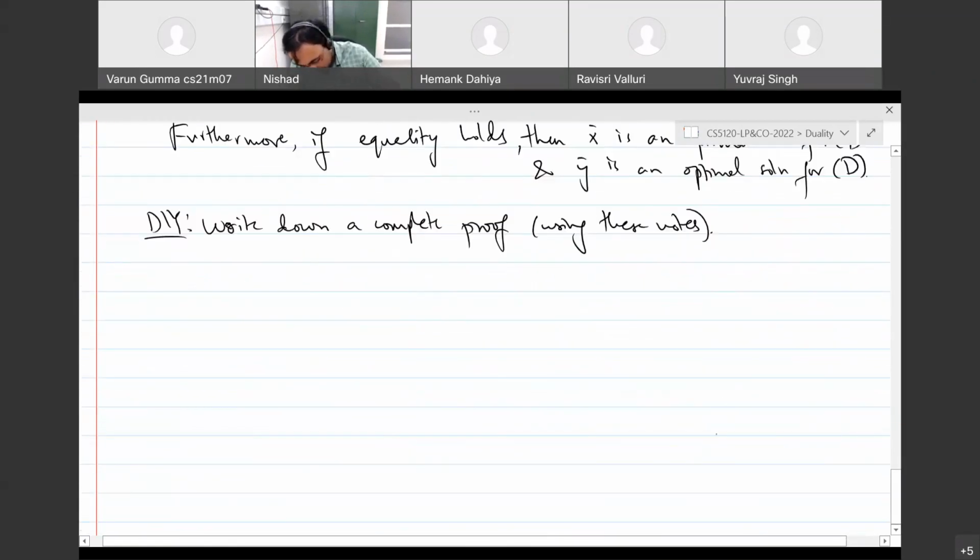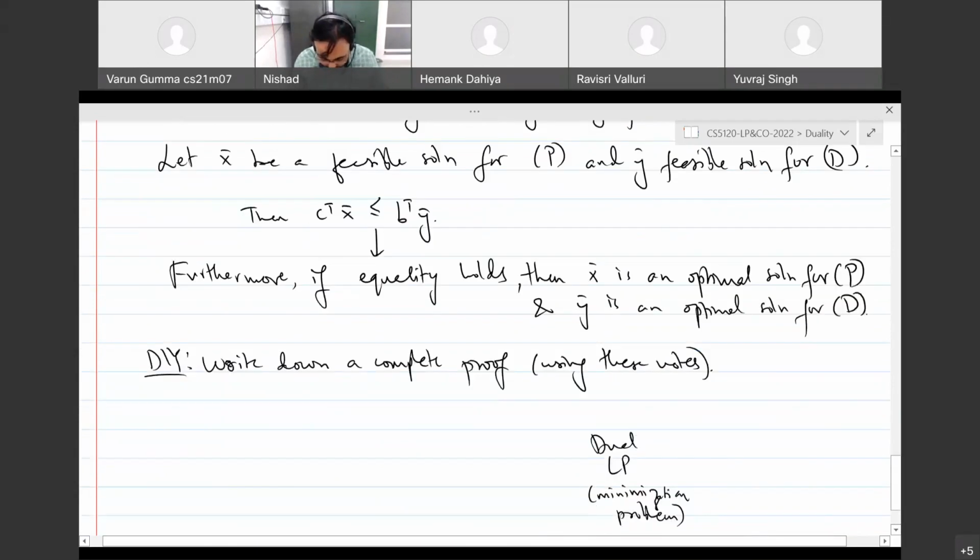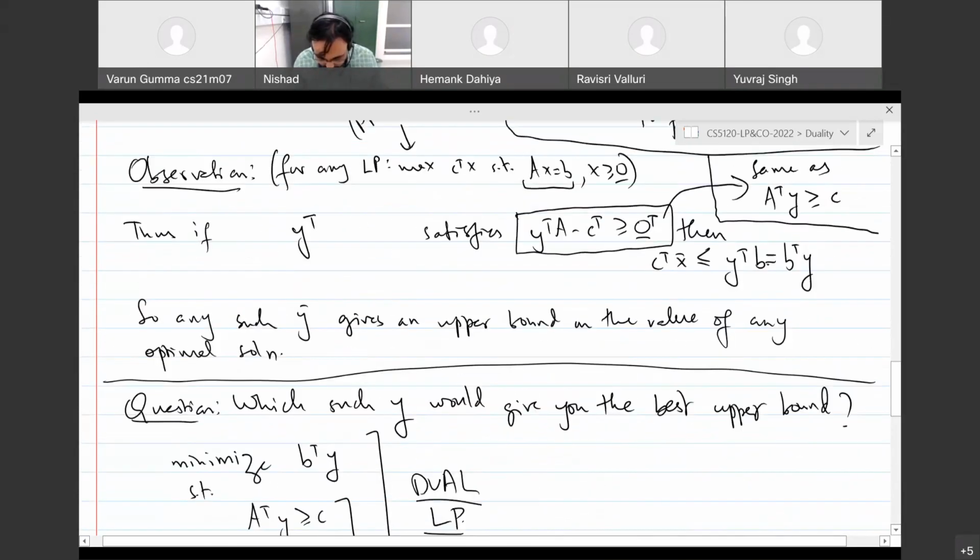So think of, in our example, the primal LP is a maximization problem, and the dual LP is a minimization problem. I want to draw the number line quickly here. So what are the solutions we found by Simplex?